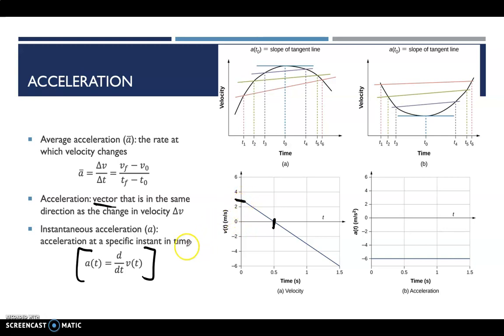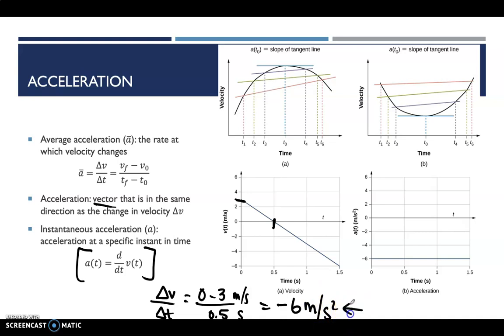The initial is 3 and our final is 0. So this is the change in velocity over the change in time. Our time went from 0 to 0.5 seconds, so that change is 0.5 seconds. Velocity is in meters per second, time is in seconds, and I get negative 3 divided by 0.5, which is 6 meters per second squared.